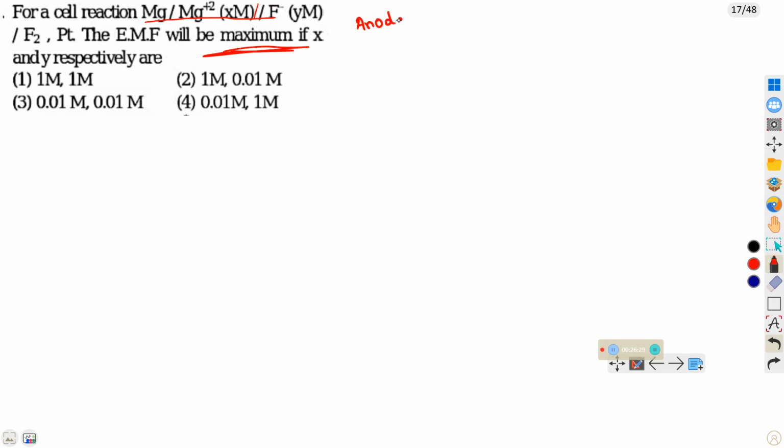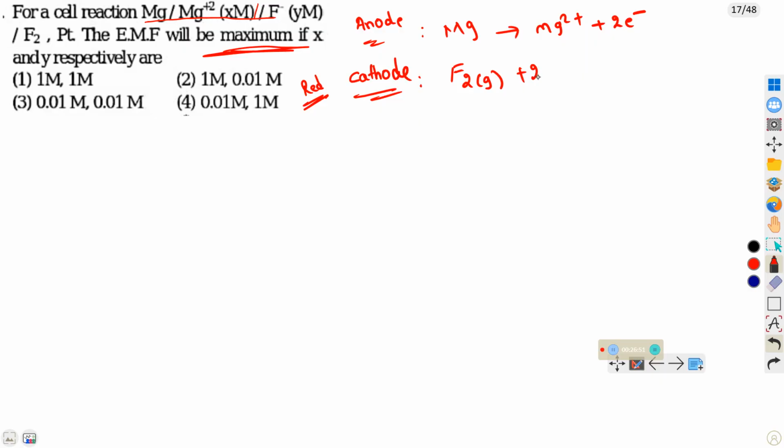On the left side of the salt bridge is the anode reaction: Mg is converted to Mg2+ plus 2 electrons, because oxidation takes place at the anode. At the cathode, reduction takes place: F2 gas plus 2 electrons gives 2F- aqueous.